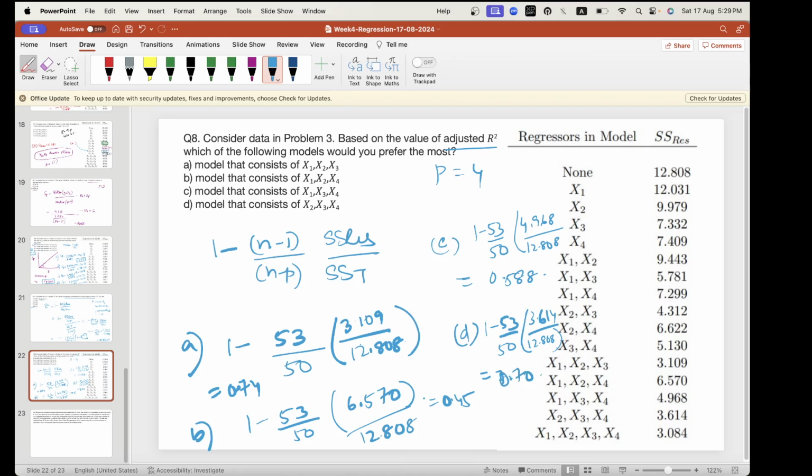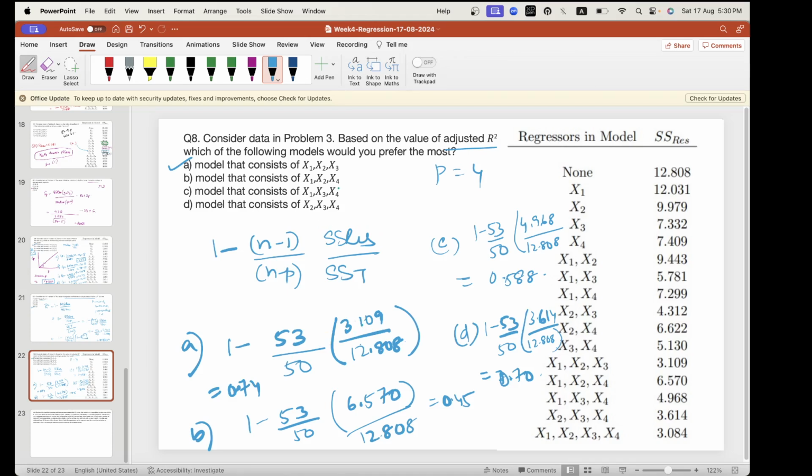Alright. So here, based on all of these, we see that model A is better. Now, the thing is, given your P is fixed, it's not changing, then everything apart from this number is going to be constant.